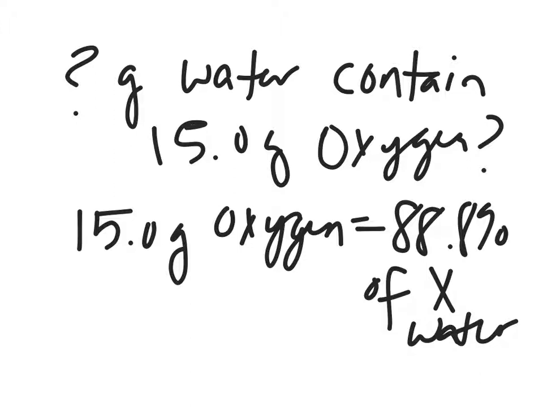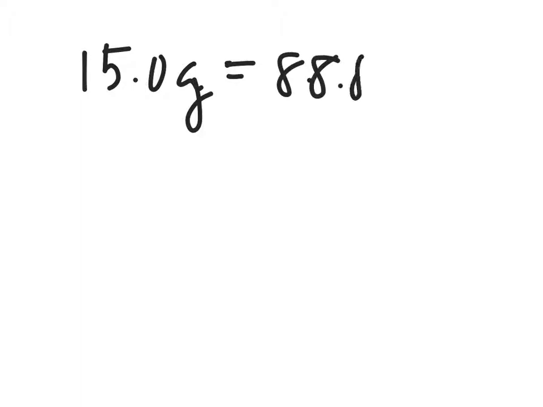So 88.8% of what would be equal to 15 grams of oxygen. So in order to do that math, we have to convert our percentage. We have to get rid of our percentage sign, essentially. So that equation would look like 15.0 grams equals 88.8% over 100%.